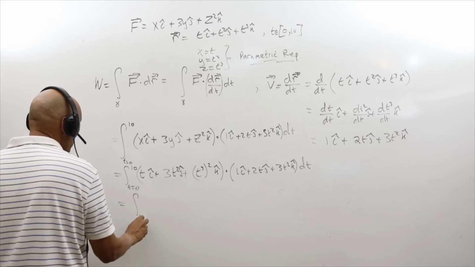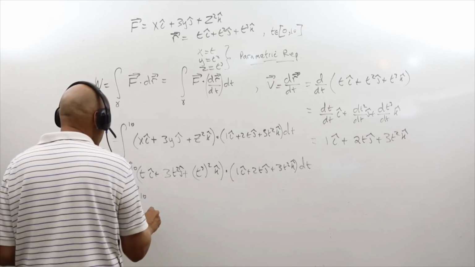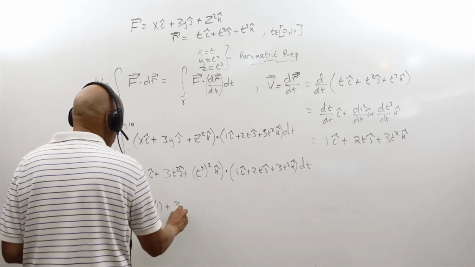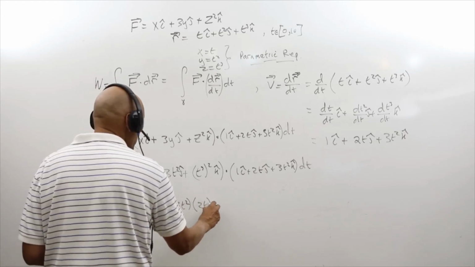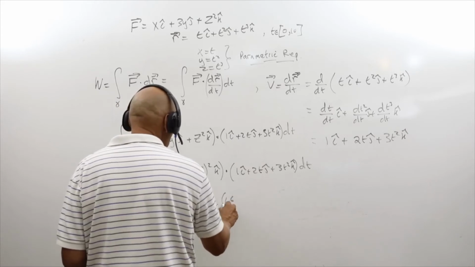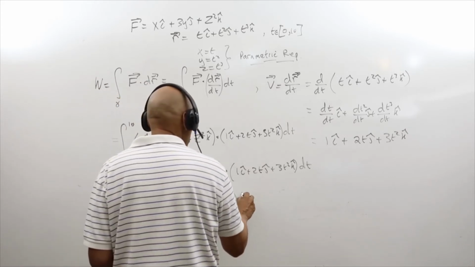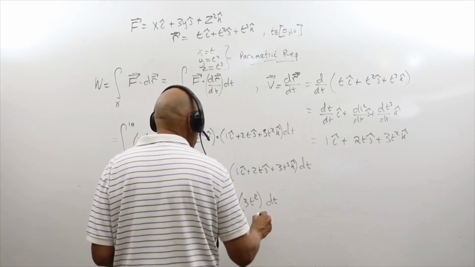So this becomes the integral from t equals 0 to 10 of t times 1, 3t squared times 2t plus, this is t to the 6, so I'll just write t to the 6 instead, times 3t squared dt.